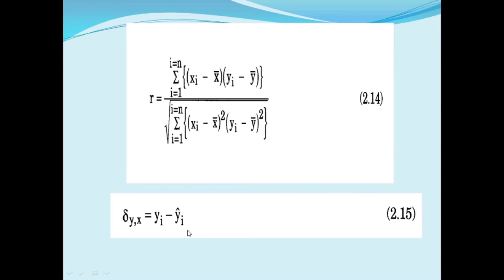This is the residuals, or the difference between the observed and the predicted value of the measured response. Here yi is the observed response, and y cap i is the predicted value of the measured response.